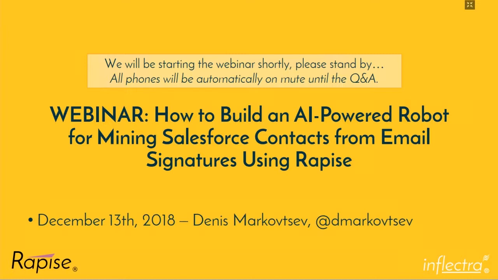Today, you're joining us to learn about using Rapise in conjunction with Salesforce, but I thought I'd give you a high-level overview of the key features of Rapise to put this whole webinar into context. With Rapise, you can automate the testing of desktop, web, and mobile applications, as well as APIs.